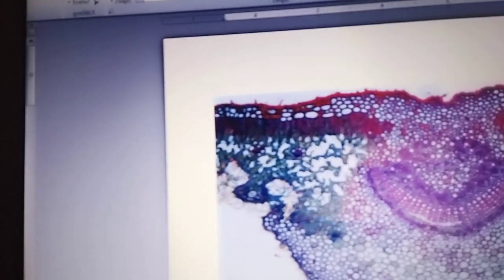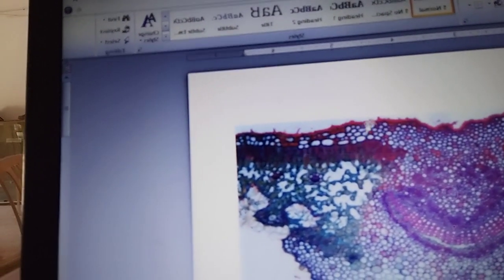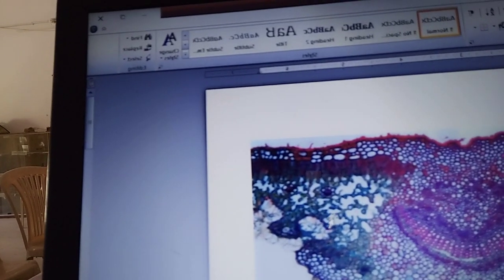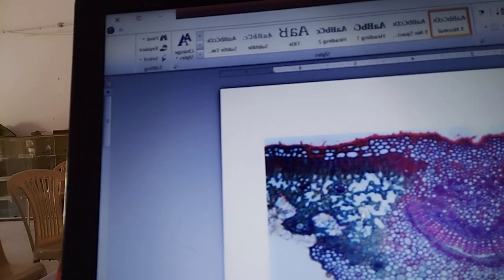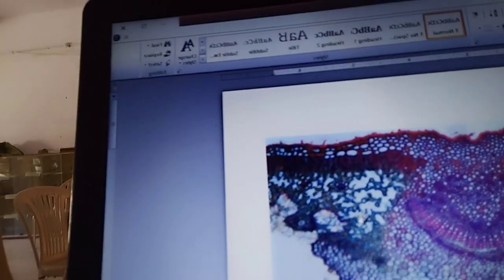It has upper and lower epidermis. The upper epidermis is multi-layered and cutinized. It is followed by palisade parenchyma and spongy parenchyma. Palisade parenchyma is compact. Spongy parenchyma has intercellular spaces.